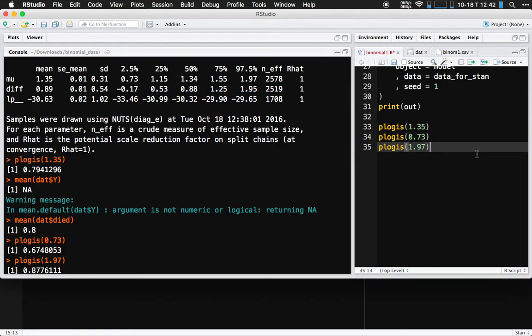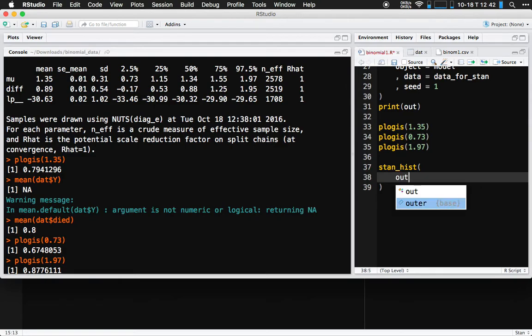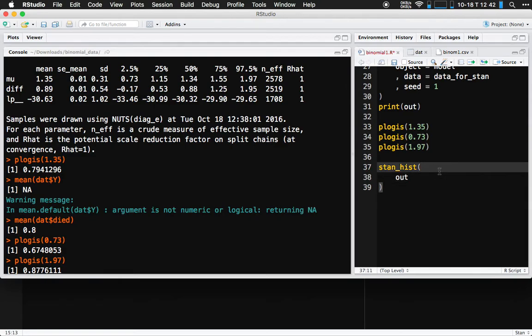We can actually plot this out. Stan hist, par, oh, we have to say, out is the name of our object. What does Stan hist name the first argument? Hover object, okay.